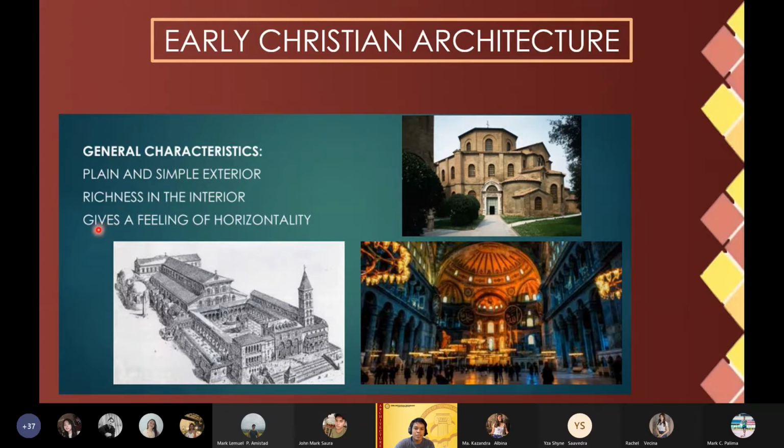And the third one is gives a feeling of horizontality. So since most of the buildings, or I think duha ra man ni kabuk type of buildings for early Christian architecture, since ang ilang building is for worship, horizontal, and still gigamit gihapon right now sa ato ang mga type of architecture, which is churches.